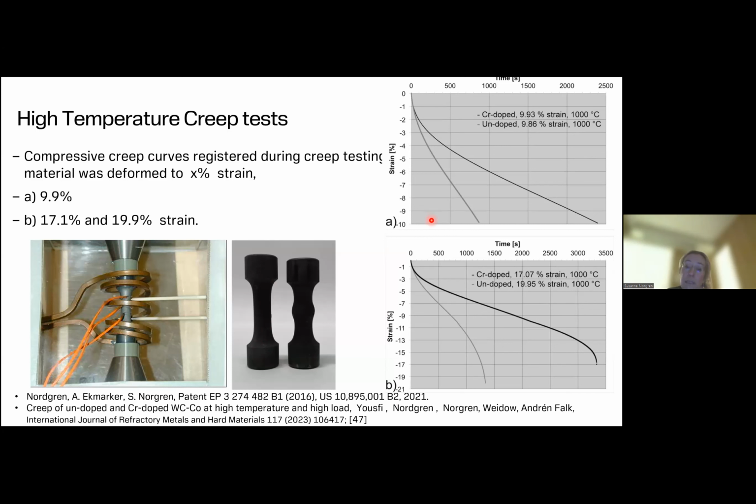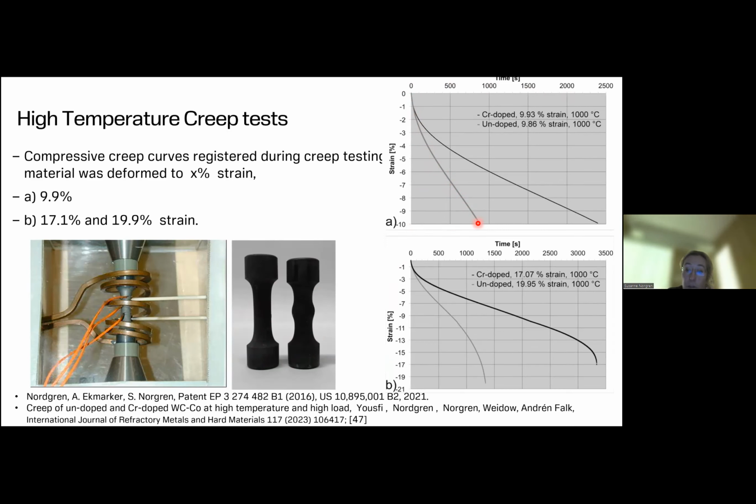And here you can see the deformation, the strain, with time on this axis, and the strain, since it's compression, is negative. And this is the cobalt-based material without any addition. And it took around 900 seconds to reach compression of -10% in strain.